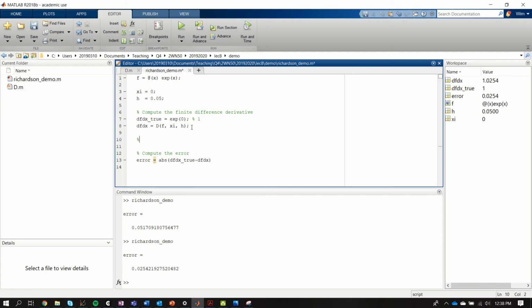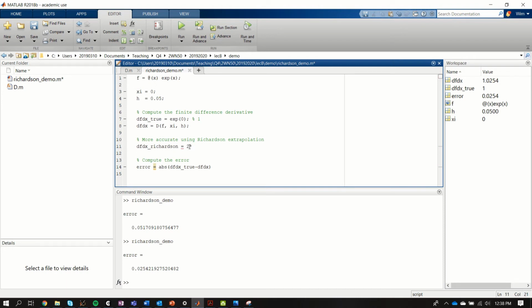However, let's also apply a higher order accurate scheme. So we derived a more accurate scheme using Richardson extrapolation in the previous slides. So let's call this dfdx Richardson. And we saw that we can get a more accurate scheme by combining two of these first order accurate schemes D in the following way.